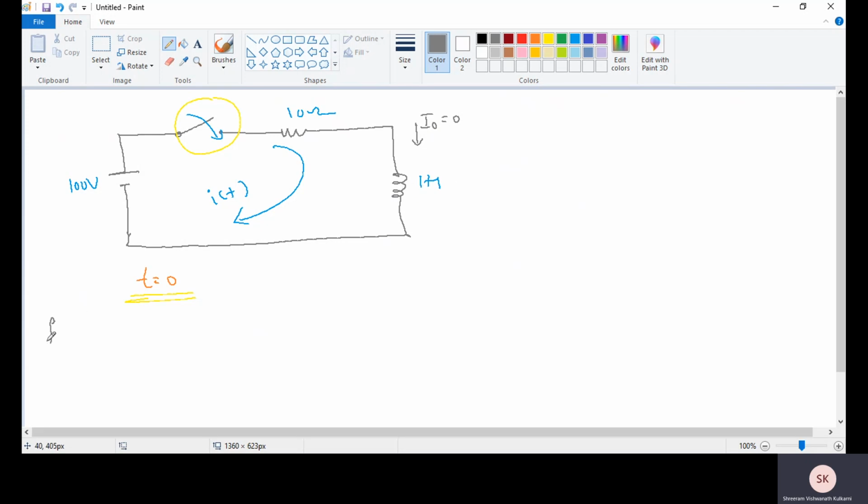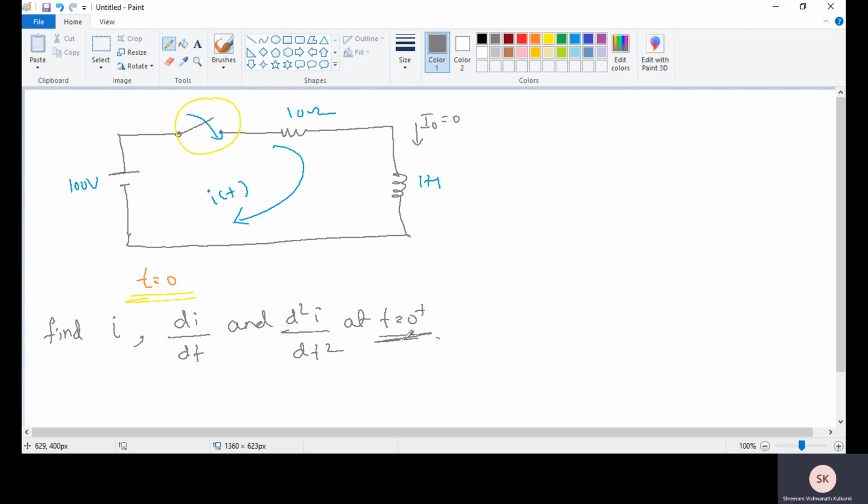Now we need to find di by dt and d square i by dt square at t equal to 0 plus.